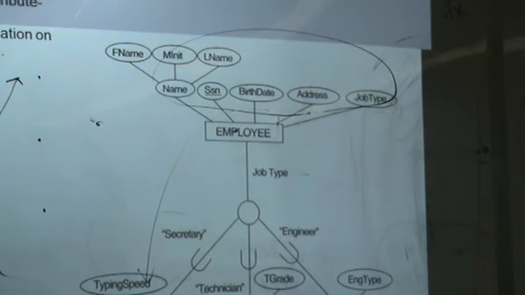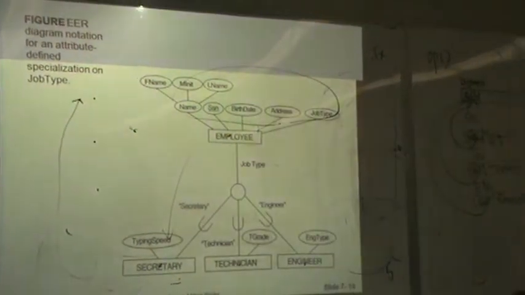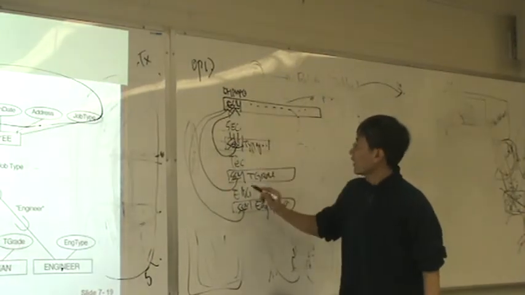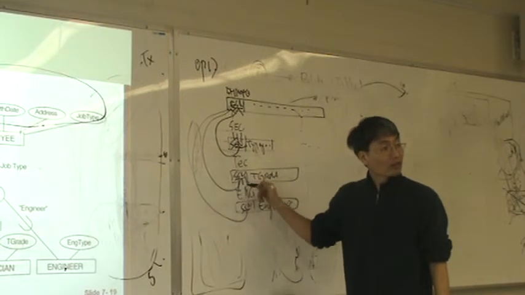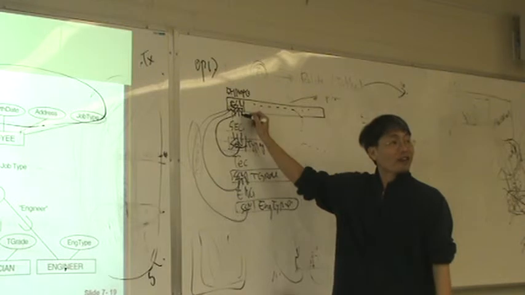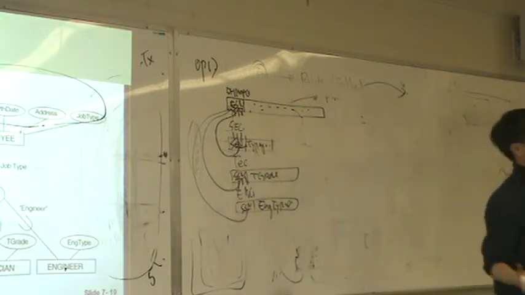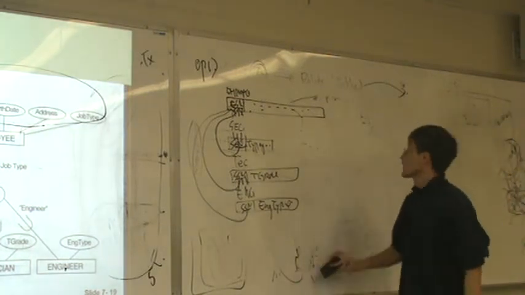This time it doesn't matter. For example, if this is overlap, there is a secretary 111, and there might be secretary technician 111. It doesn't matter. As long as you have 111 in employee, you can create. There is no problem. Okay, so this is the first option. Second option.